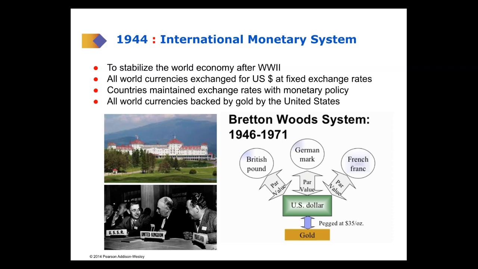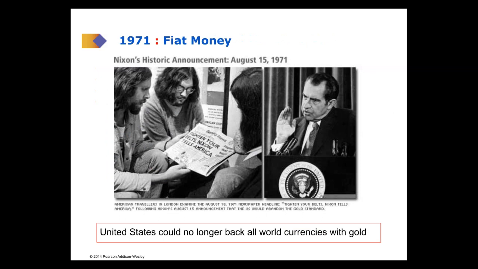And here are two important prices, the price of gold and the price of all currencies, which can't fluctuate. So this system got out of whack pretty quickly, and by the 1960s, it was already starting to weaken. So in 1971, President Nixon closed the gold window. Basically, the United States would no longer back the world's currencies with gold.